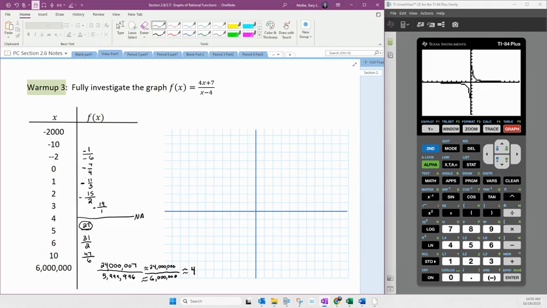Do the math again. -8 plus 7 and -6. So this, of course, becomes positive 1/6. -10 becomes -40. Plus 7 is -33 over -14, which, of course, is positive.